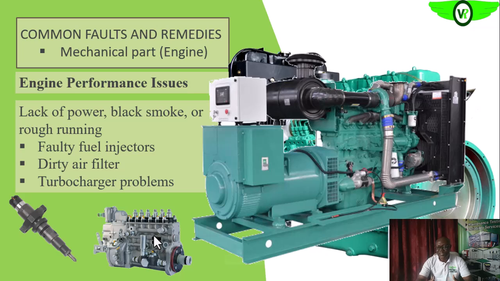Okay, so if the seals are faulty, you see that either the oil will go to the compressor side or to the turbine side. If it goes to the turbine side, you see a lot of unwanted smoke from the exhaust of your diesel engine.